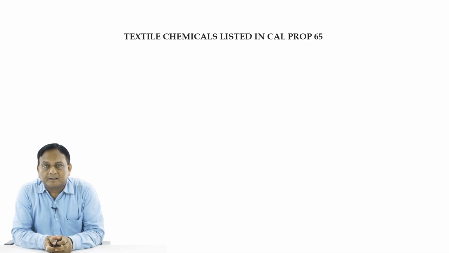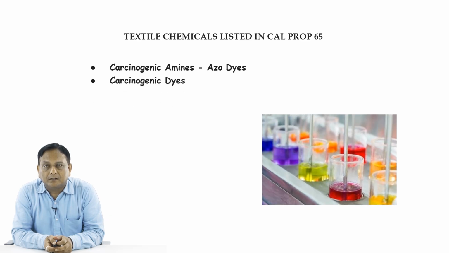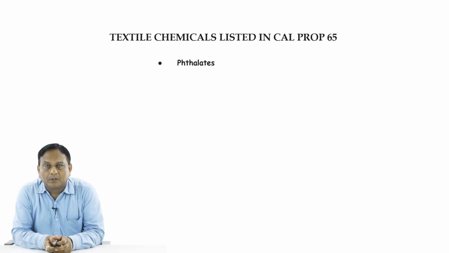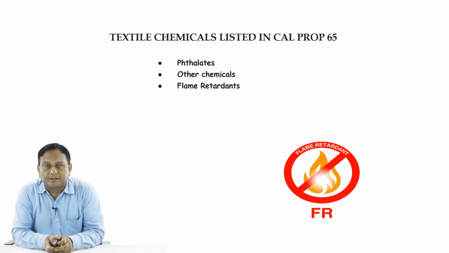Now, textile chemicals listed in CalProp 65 are carcinogenic amines and azo dyes, dyes which actually form some carcinogen. Those are banned chemicals. Textile chemicals listed under CalProp 65 also include phthalates and other chemicals, flame retardant chemicals, etc.